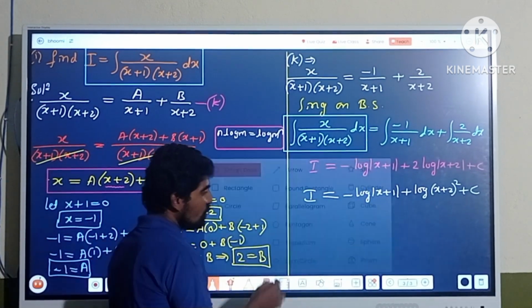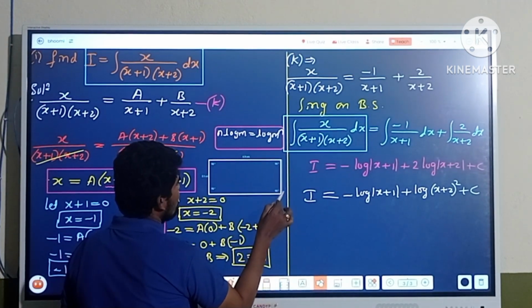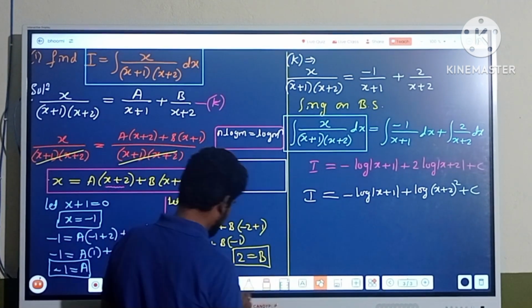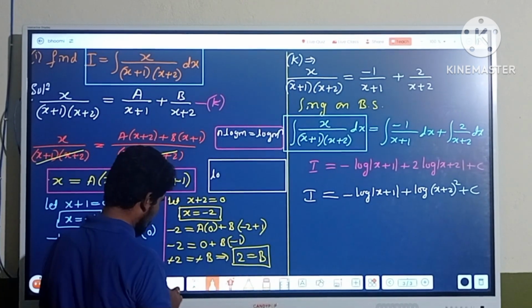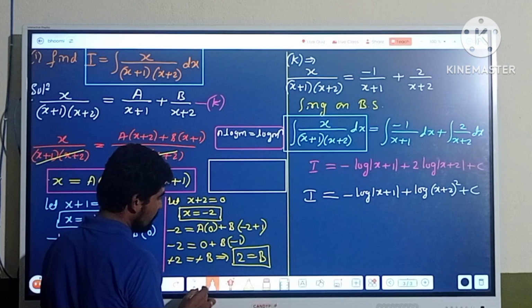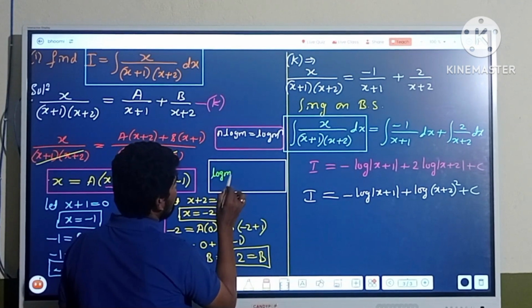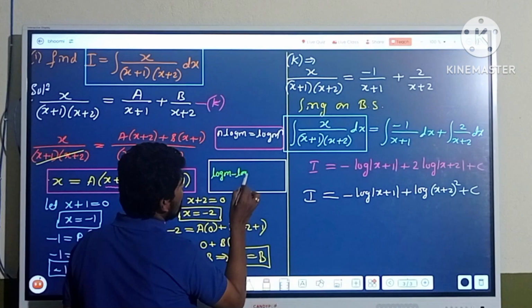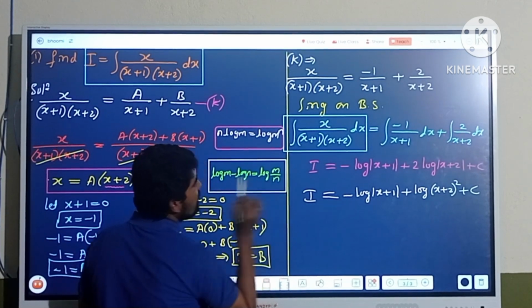Now let us consider one more property of log. We know one more property of log, that is, if we have log m minus log n, then it can be expressed as log m divided by n.